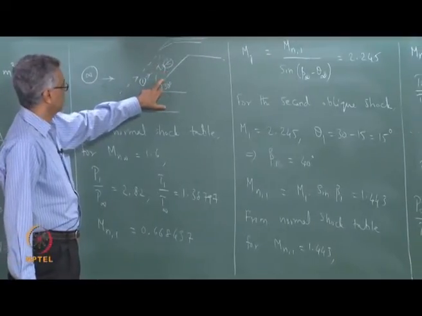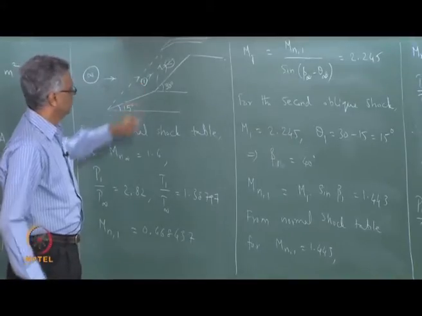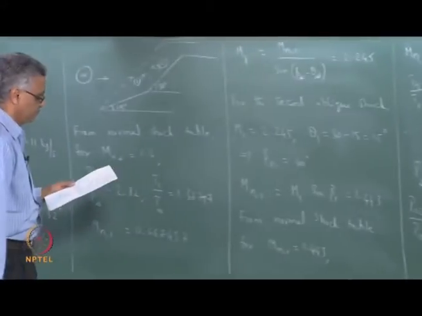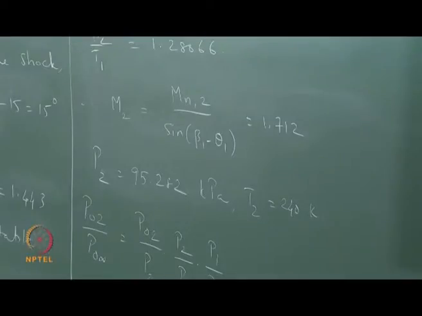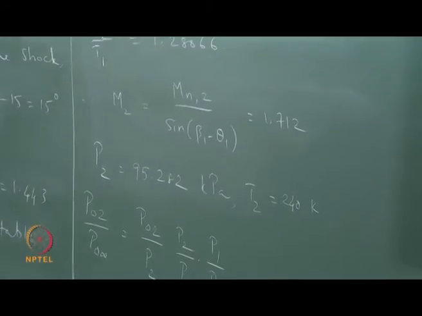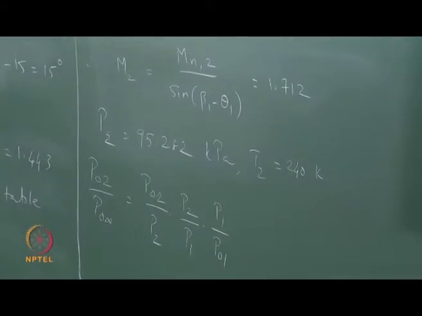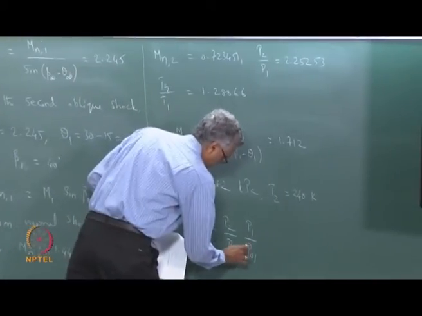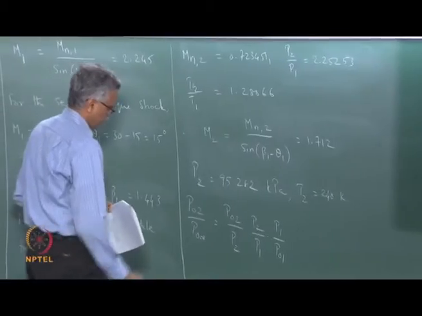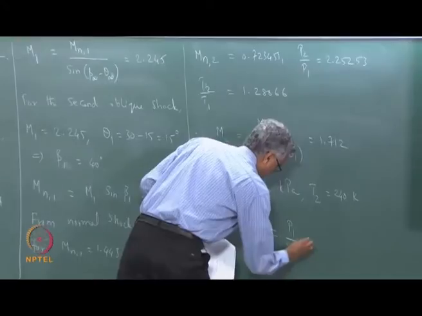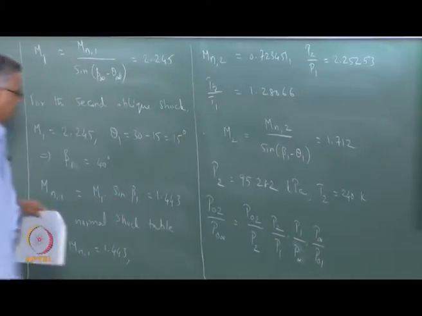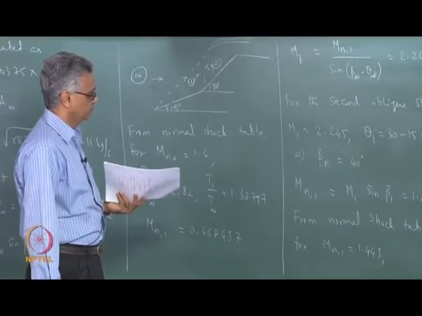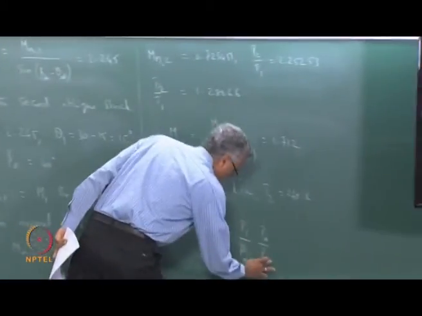We do P02 over P2 times P2 over P1 times P1 over P infinity times P infinity divided by P0 infinity.